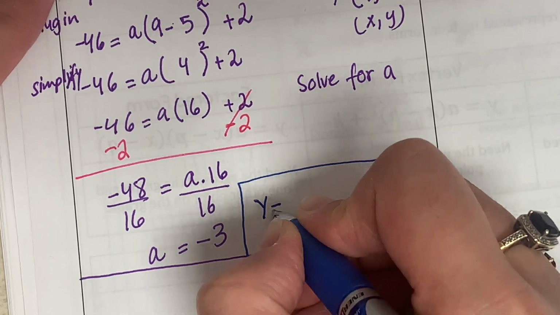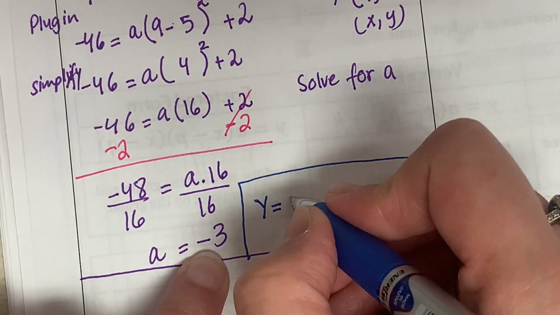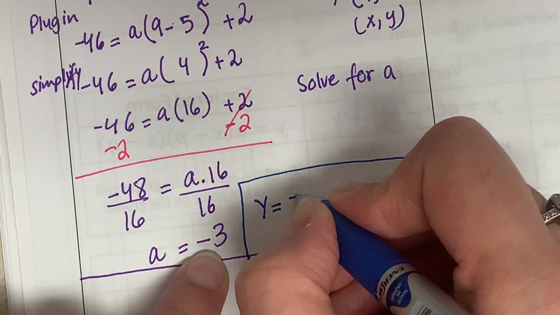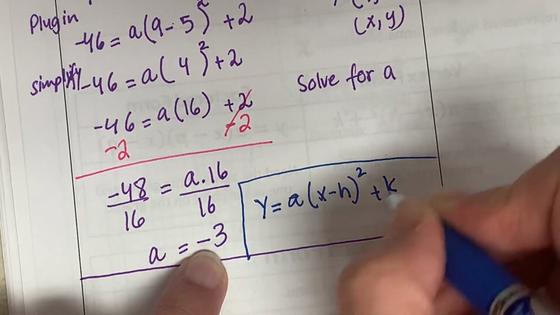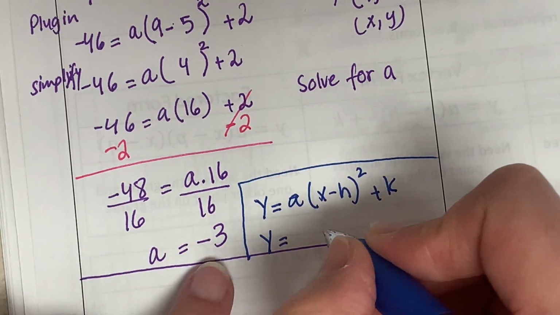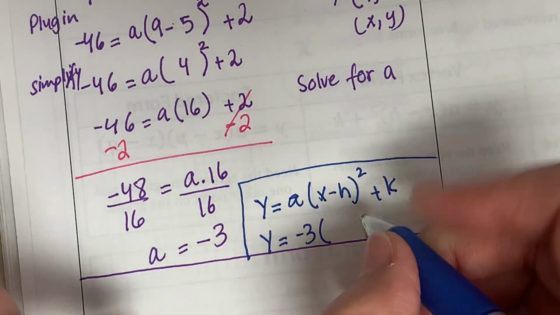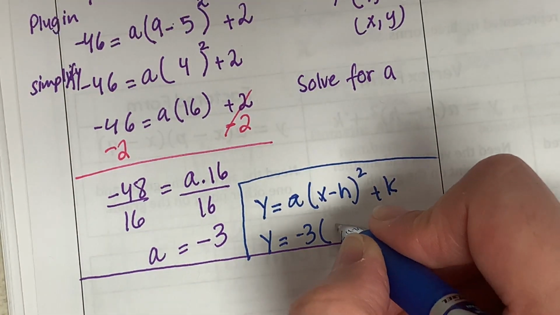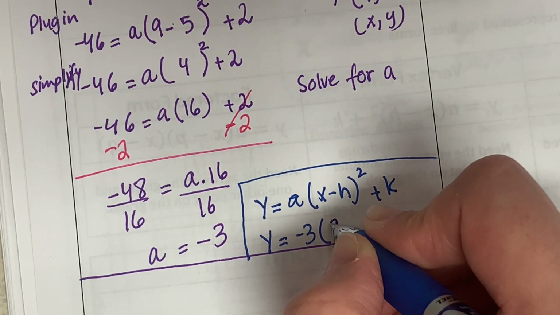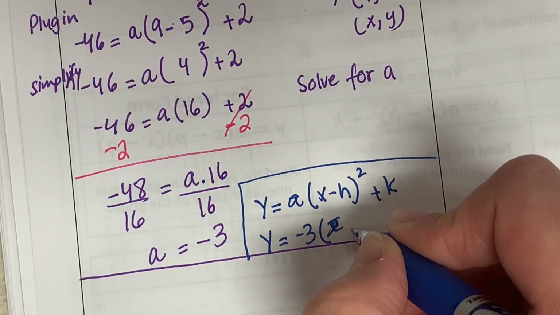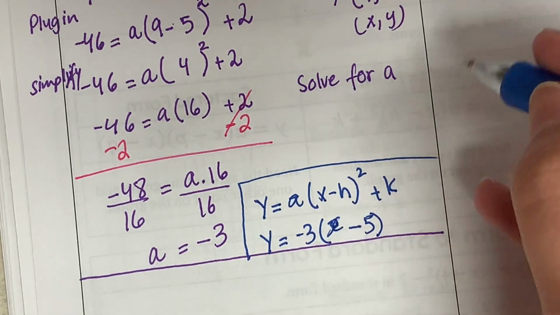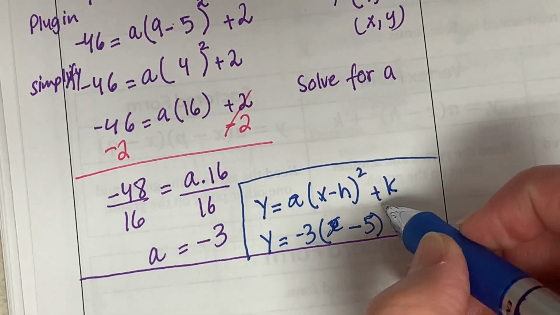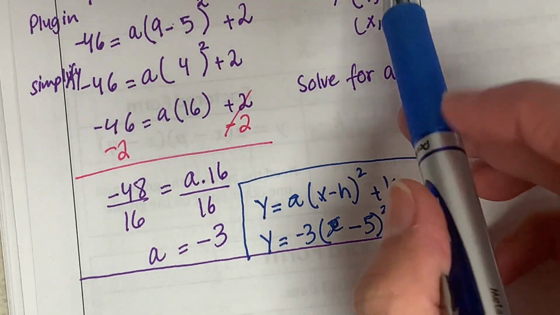I'm going to first copy the equation and then replace the numbers. So y equals negative 3, x minus h is x minus 5, squared, plus k is 2.